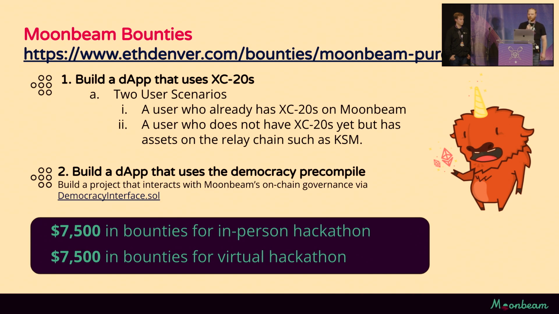The second is for a user who does not already have XC-20s on Moonbeam and needs some sort of cross-chain functionality in order to enable them. And we also have a bounty for using Moonbeam's democracy precompile, which would allow a smart contract to interact with Moonbeam's on-chain governance. You can find out more details about these bounties at the link at the top of the slide here.